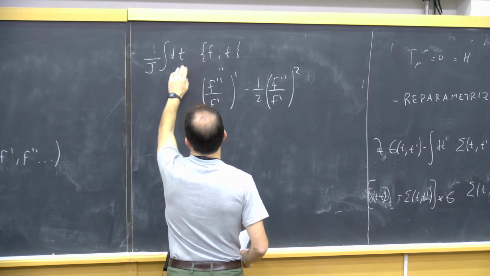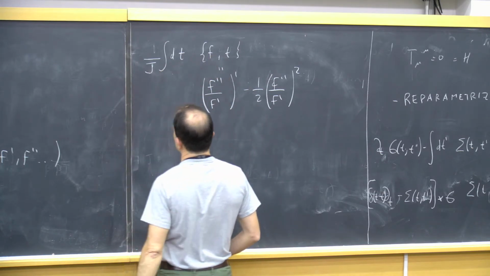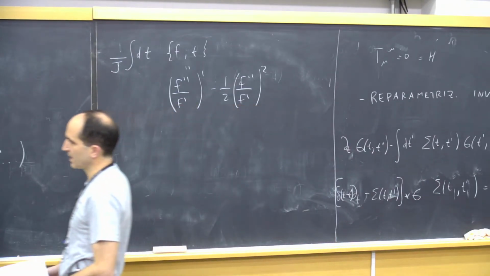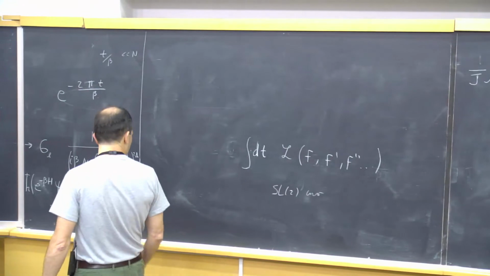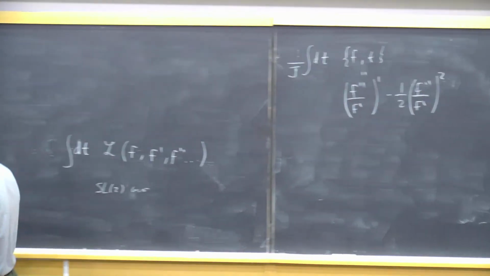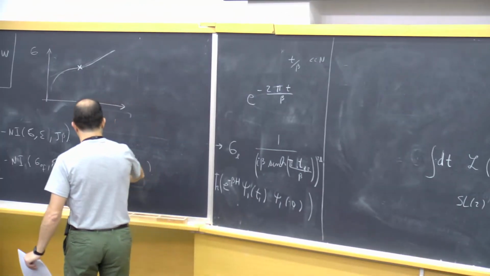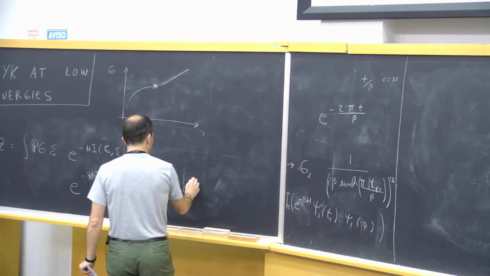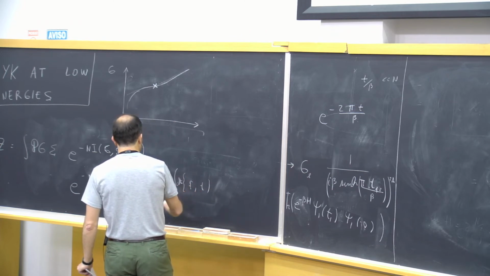So this whole thing has dimension 1, and so we need 1 over J for dimensional analysis. So this power that we didn't know before, the first term has a power which is 1, and is equal to the Schwarzian action. So that's the correction to the action.